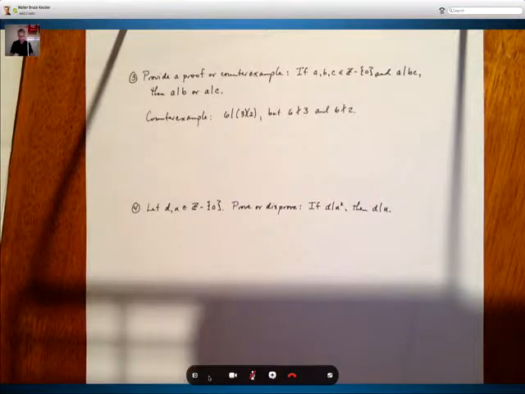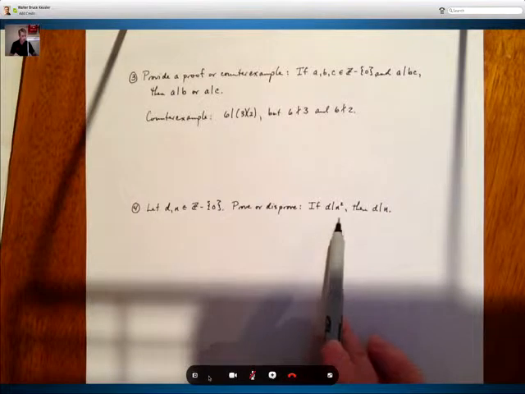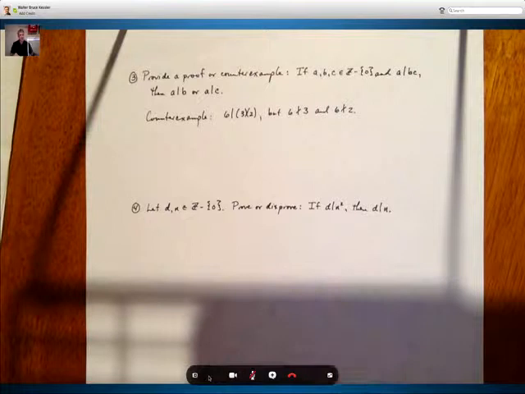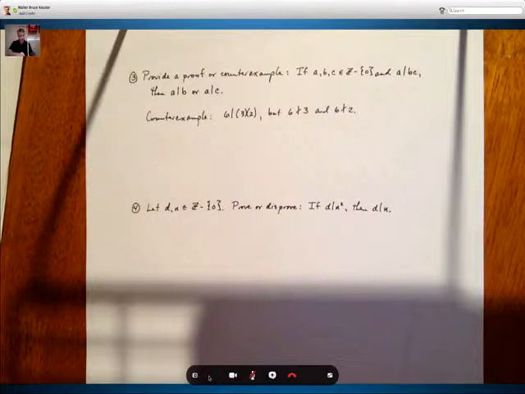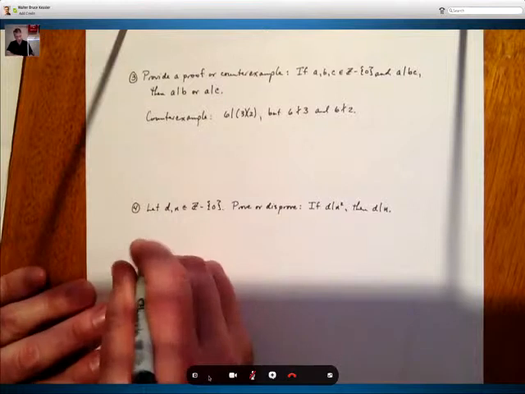Okay. d and n non-zero integers, prove or disprove. If d divides n squared, then it has to divide n. Well, again, anytime you're going from a big number to a smaller number, you have to be careful.